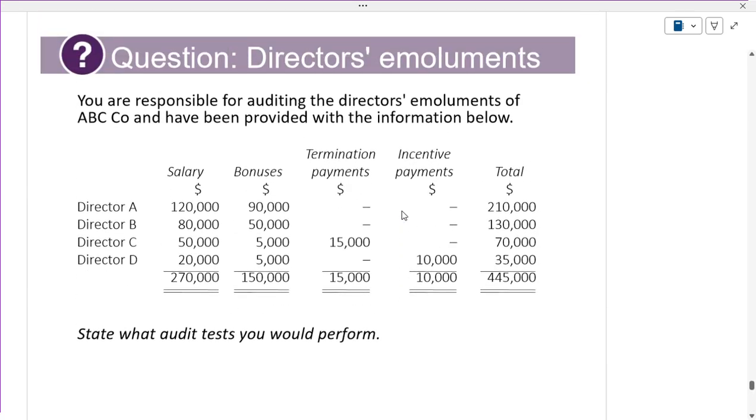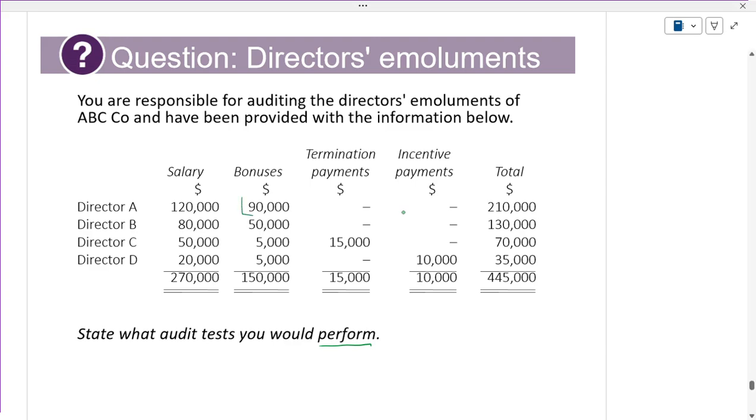You are responsible for auditing directors' remuneration, provided with the information. They have director A, director B, director C. See what audit tests you will perform. In some cases they have bonuses.